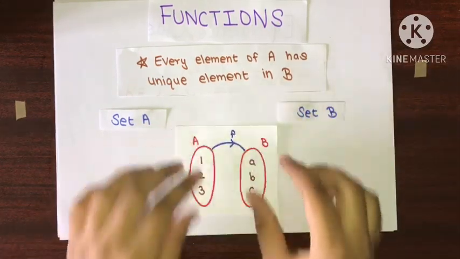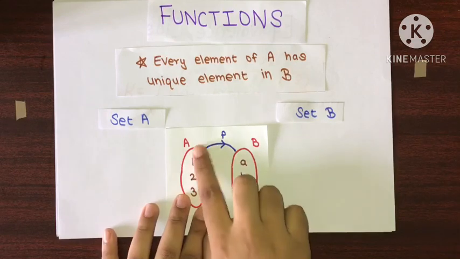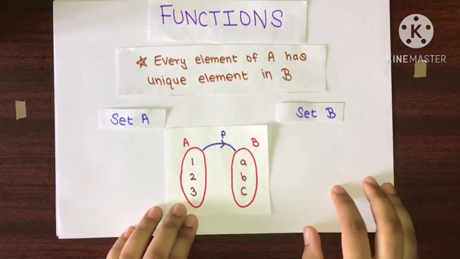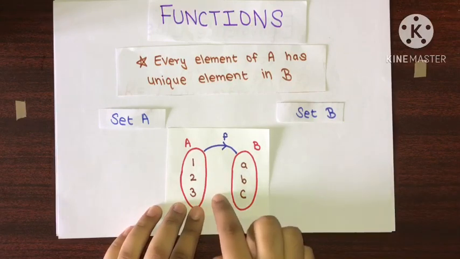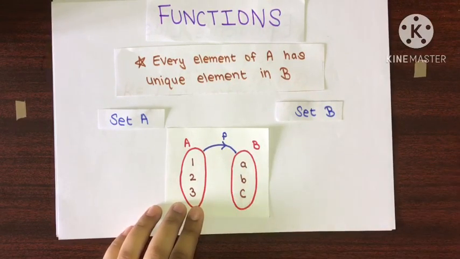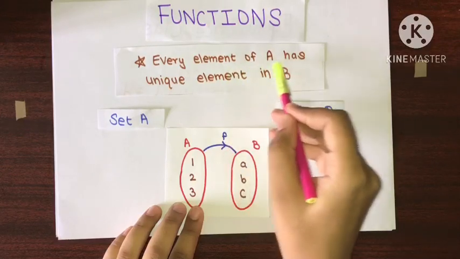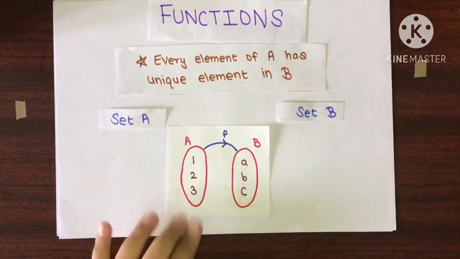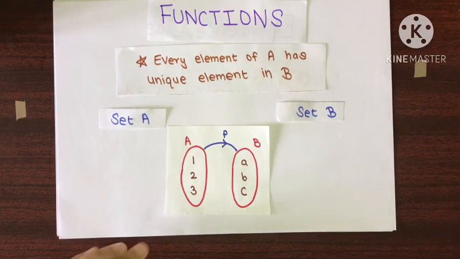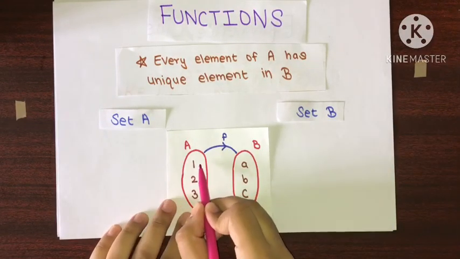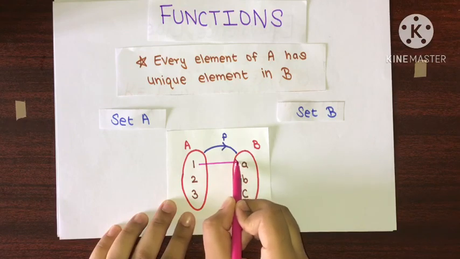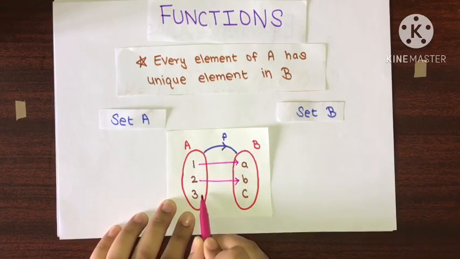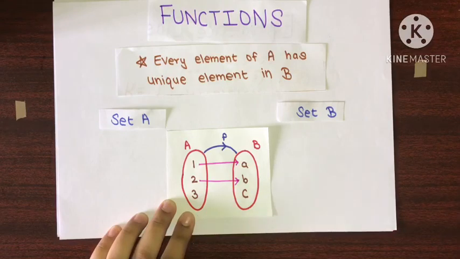And I'm saying that I want a function mapping from set A to set B. Now, for this to be considered a function, remember every element of A has a unique element in B, which means I can have a situation where 1 goes over here, 2 comes like this, let's say 3 doesn't have anything.